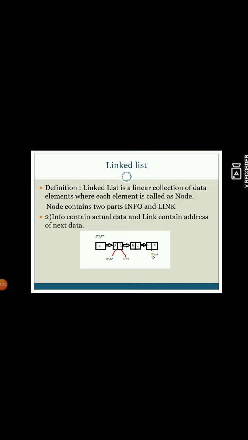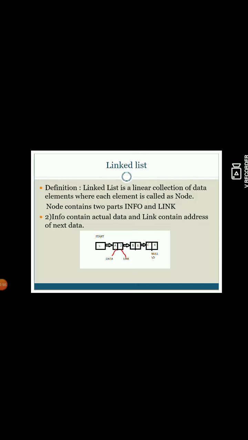Basically, my node is divided into two parts. The first part is called the data, or I can say the info, and the second part is link, or the other word is next. So if I have one linked list with three nodes, here is the diagram for that linked list.